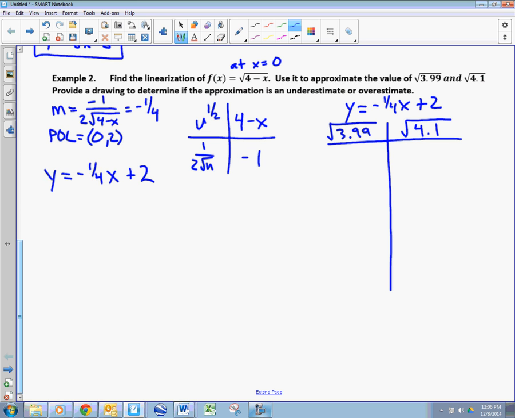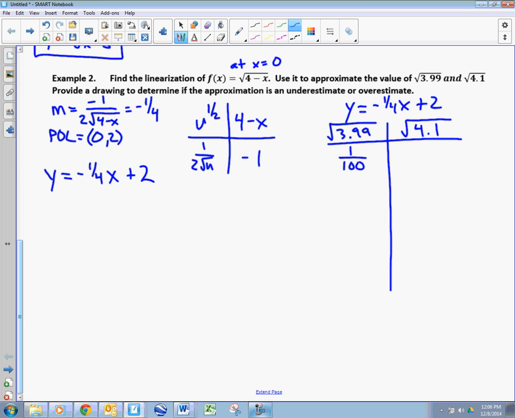If you wanted to estimate the square root of 3.99, what x value would you choose? 0.01. Does that make sense? Or 1/100.